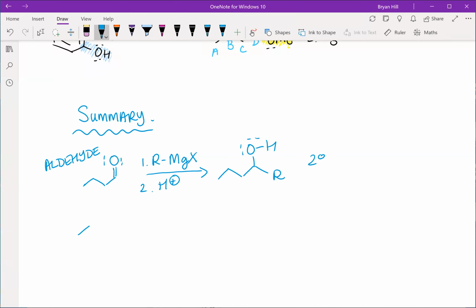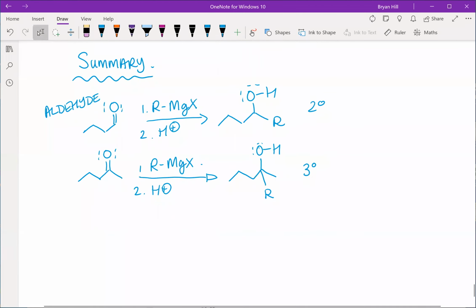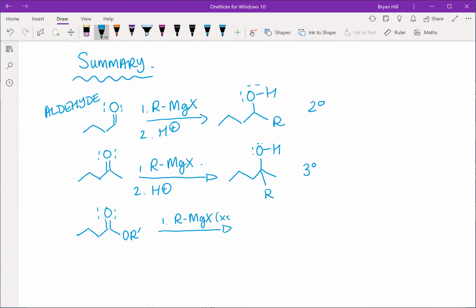So secondary. So this is now tertiary, and esters, excess.